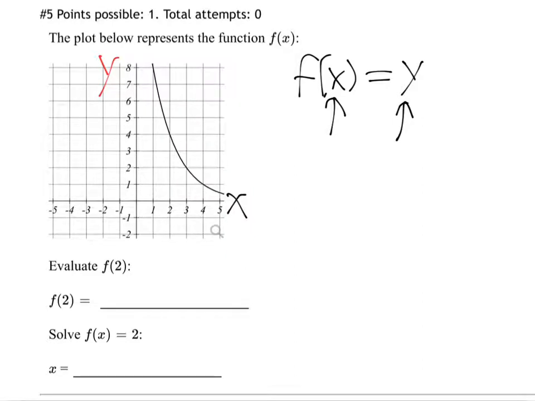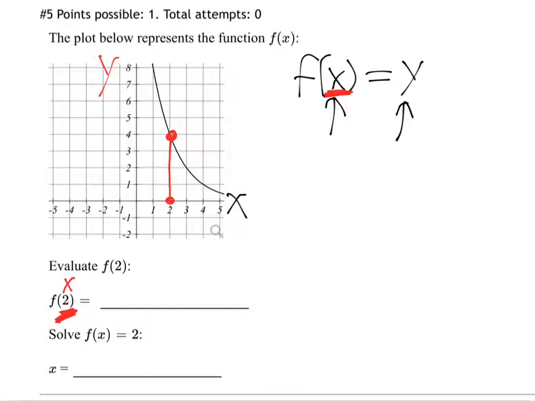So when they say find f of 2, on this first part we have to ask ourselves, is that 2 an x value or a y value? Well, it's in the parentheses, so it's an x. They're saying go to x is 2 and go up to the curve, find your point.